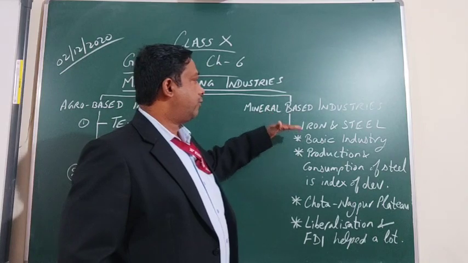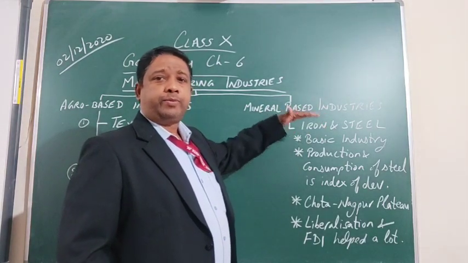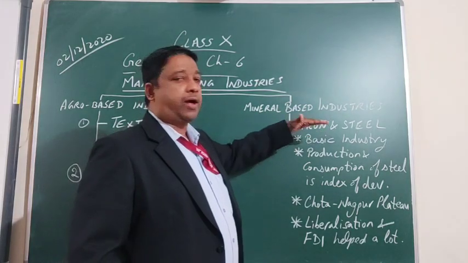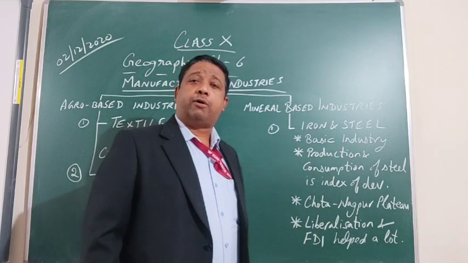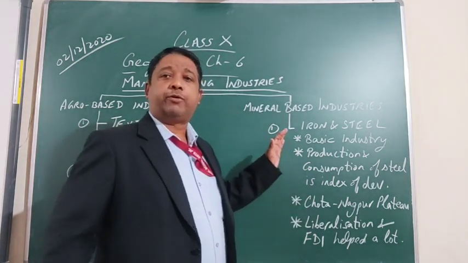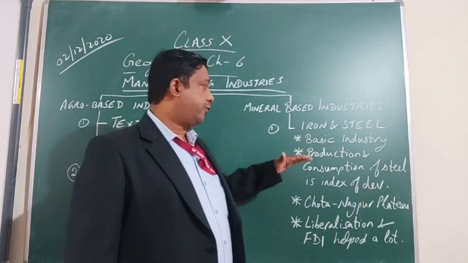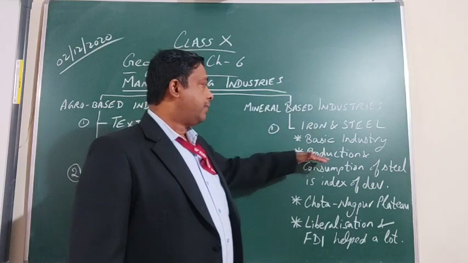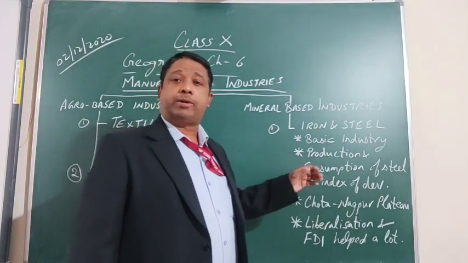In this also, we had started with the first and main, the basic, the key industry, that is the iron and steel industry. And why is it the basic industry? Because all the other industries depend on this industry for their machinery. So the iron and steel industry is the basic industry. Other than that, we know that production and consumption of steel is the index of the development of the country.